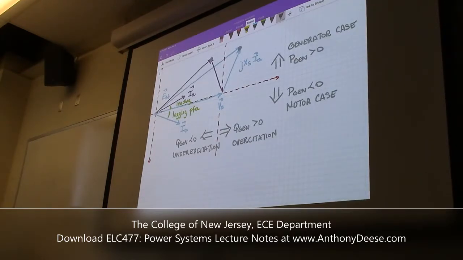If it falls to the right of the second red dotted line, it's the overexcited case. To the left, underexcited. So I should have made that clear. Yeah, it's this gray point right here. That is what we're looking at, which is essentially the endpoint of the EAF vector. And when would it be less than 0? If it's a motor case, if IA is less than 0, it would be absorbing power.